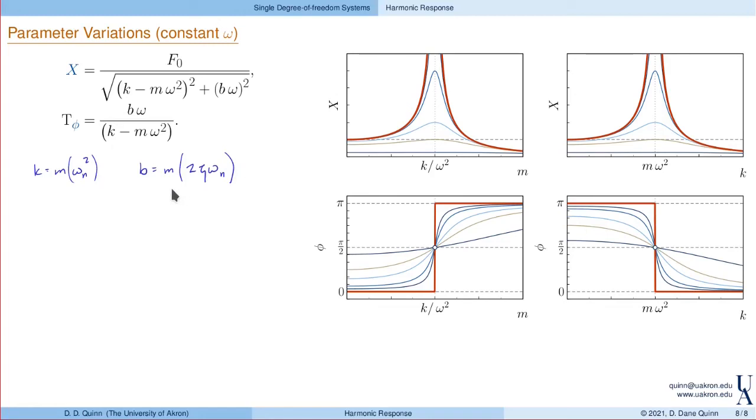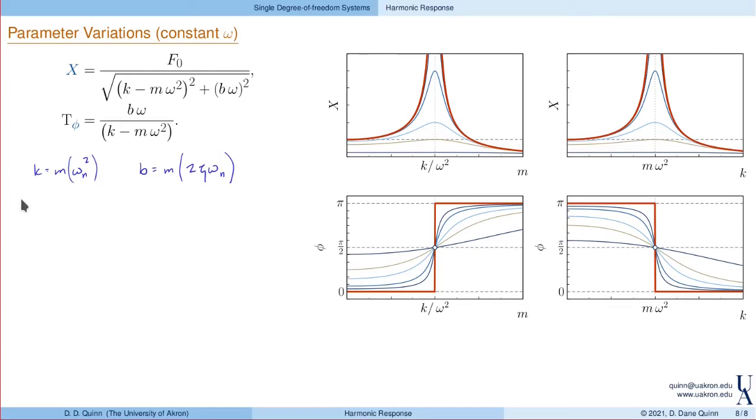We've seen before that really the important things are the damping ratio and natural frequency. So if we keep them fixed, then we are back to our magnification factor and phase diagram, independent of the actual values of k and m and b.